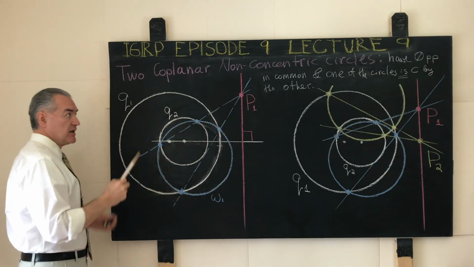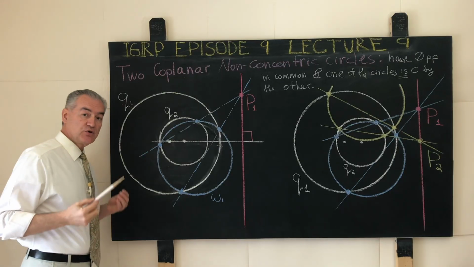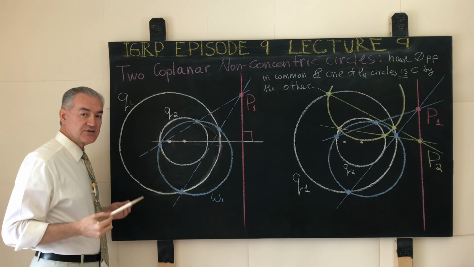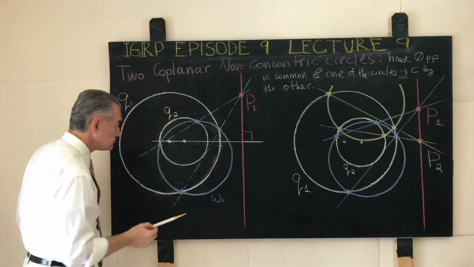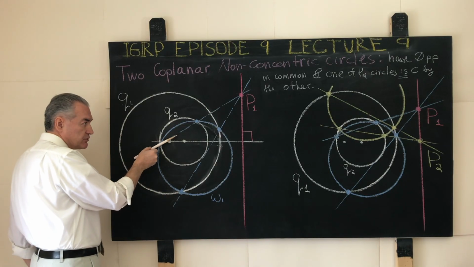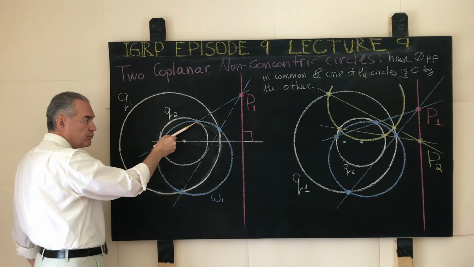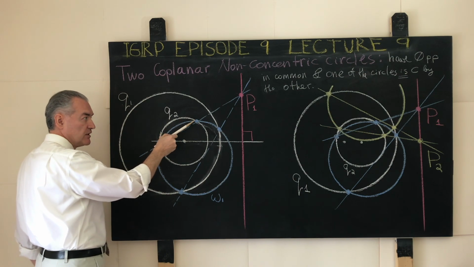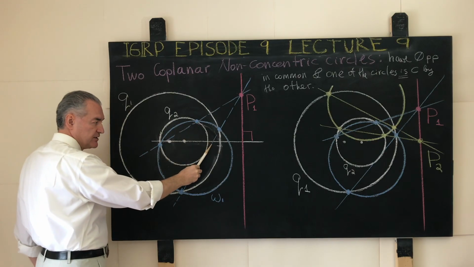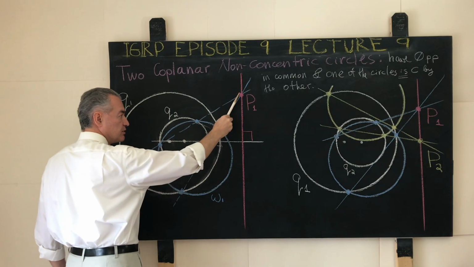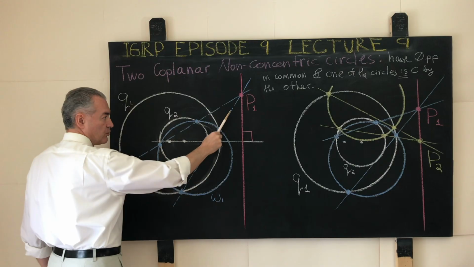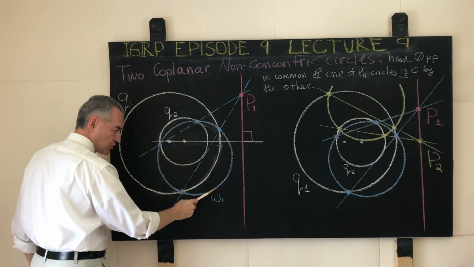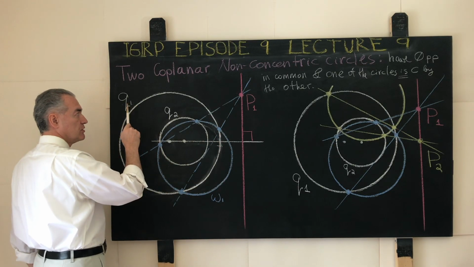And here it is evident that we're using the so-called method of intersecting loci. This blue line right here shows all the points in the parent plane, the power of each of which is the same with respect to the circles Q2 and W1. And here is the set of all the points in the parent plane that have the same power with respect to the same circle W1 and the circle Q1.